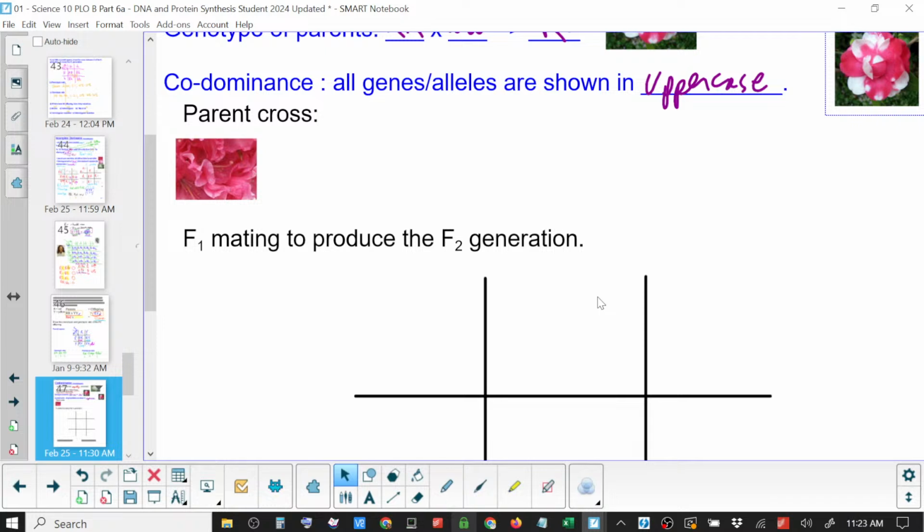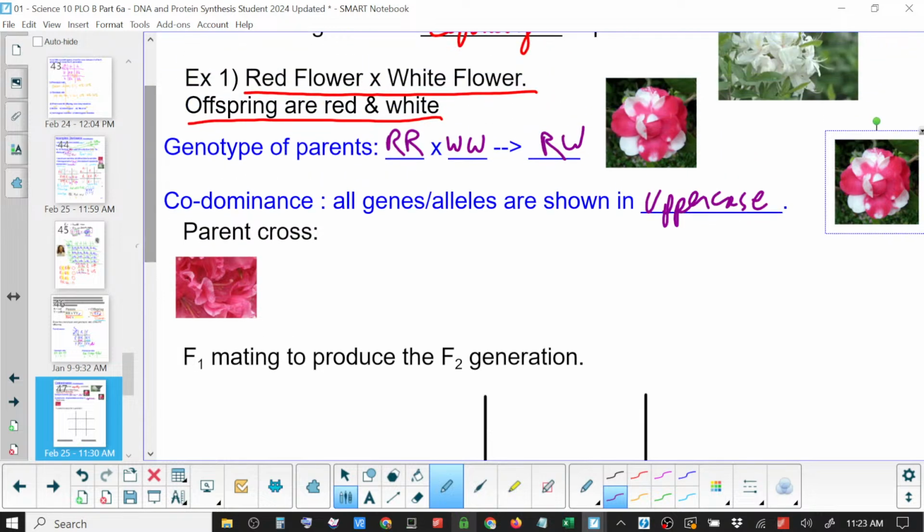So William, Ren, what would the parent cross look like? What are the parents? Red. Yeah, but in terms of their genes.